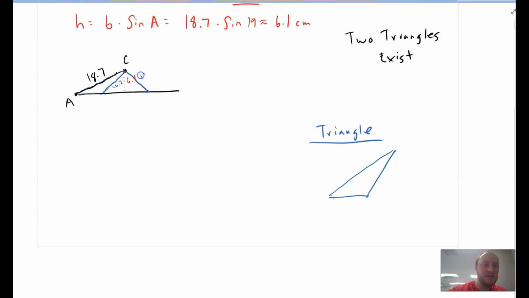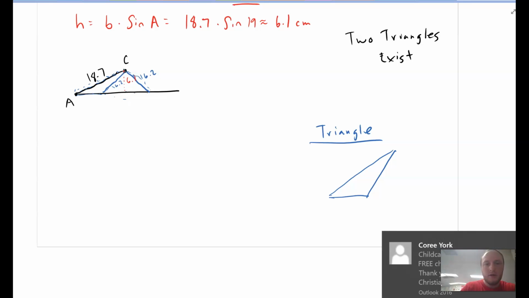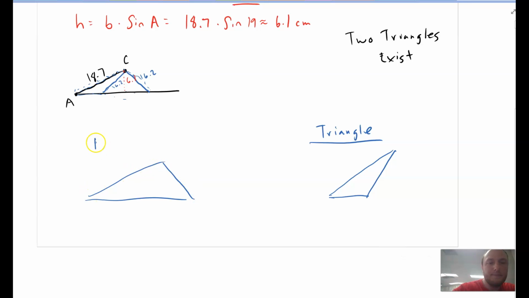It's over here, 16.2. So now I have another triangle, which is all the way over here. I'm going to draw another triangle, and it looks something like this. I'm going to call this one triangle 1, and I'll show you why in a second.